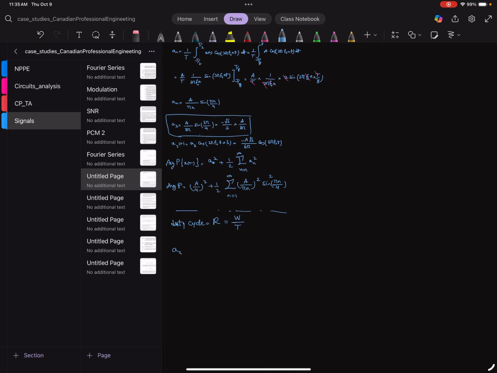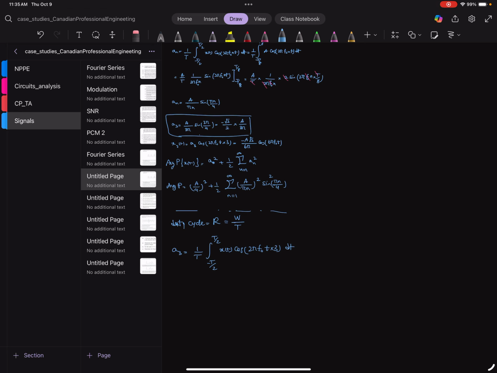So a3, let's write it again, is going to be 1 over T integral from minus T over 2 to T over 2 of xt, then cosine 2 pi f0 t multiplied by 3 dt.